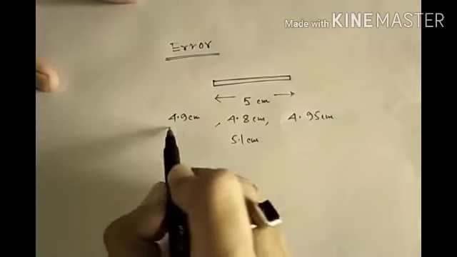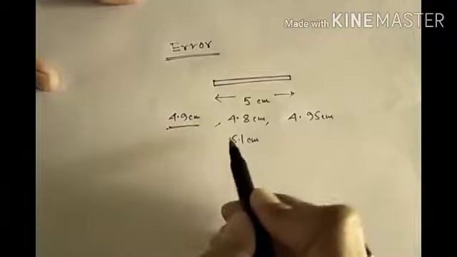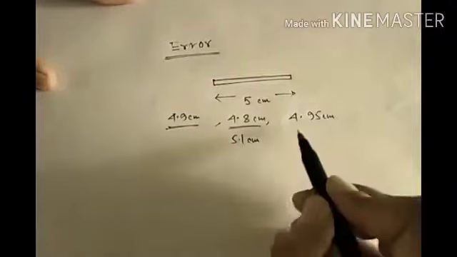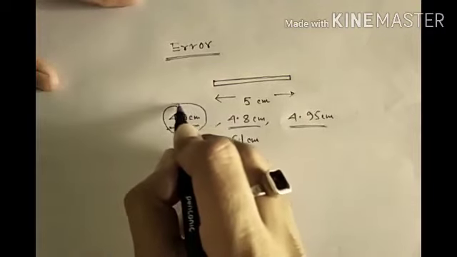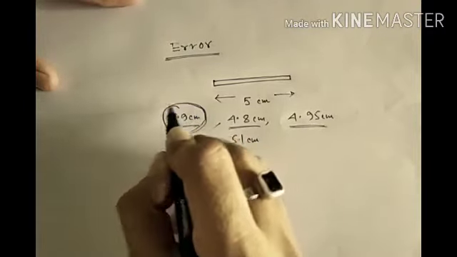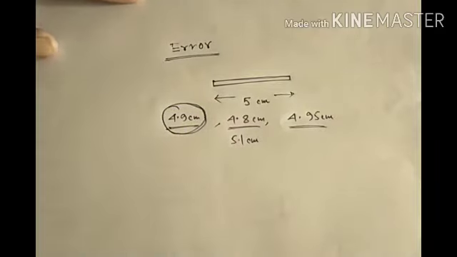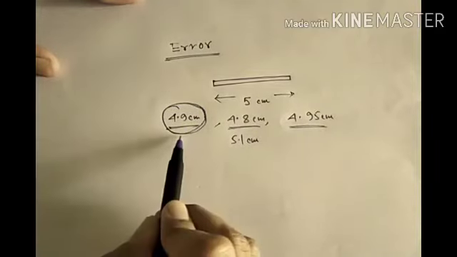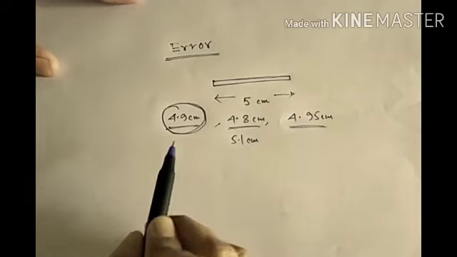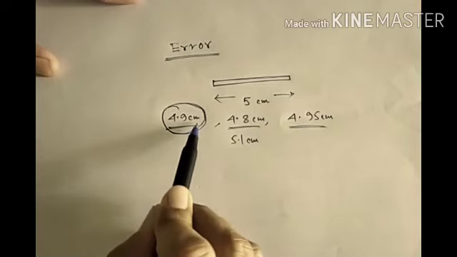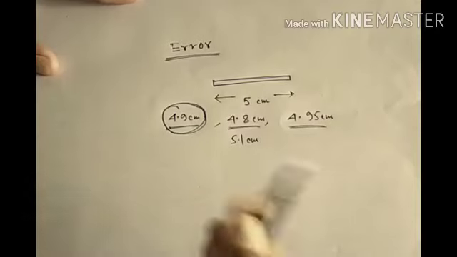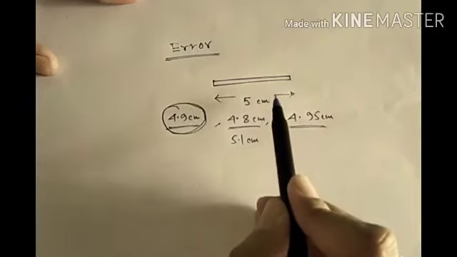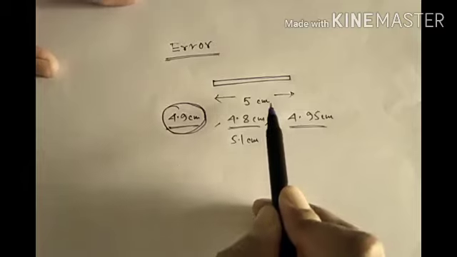Some of you have got 4.9 centimeter, some of you have got 4.8 centimeter. Now, for example, let us consider this result which has been measured by someone of you. When I have got the result to be 4.9 centimeter, is it 100% correct? Definitely not, because the very correct value of the length of the pen was 5 centimeter.